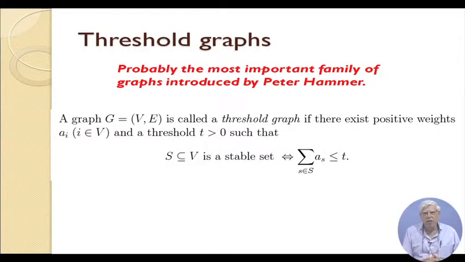Now let's look at the class of threshold graphs, which is probably the most important family of graphs that Peter introduced. So a graph will be called a threshold graph if there exist positive weights on the vertices and a threshold that's positive, such that you can distinguish between independent sets and non-independent sets by a linear combination of those weights.